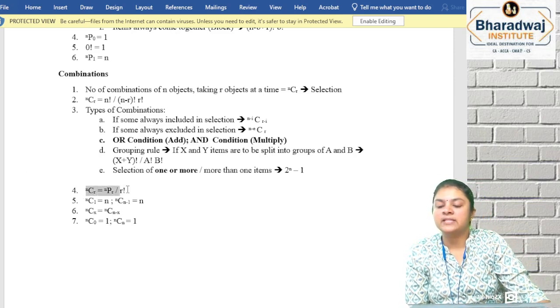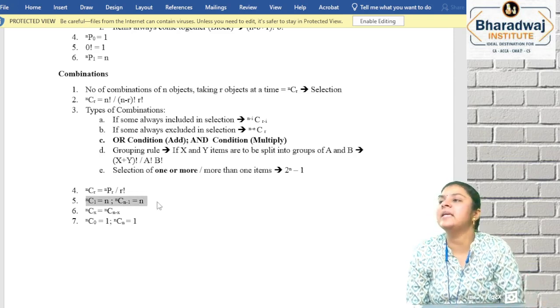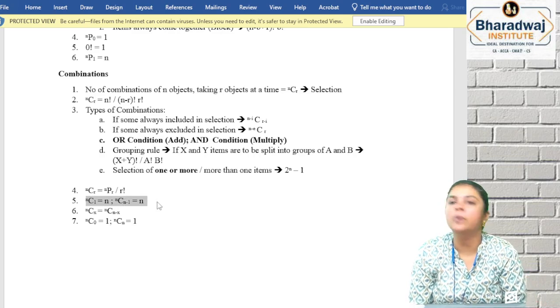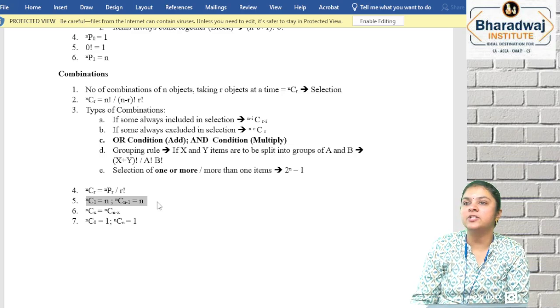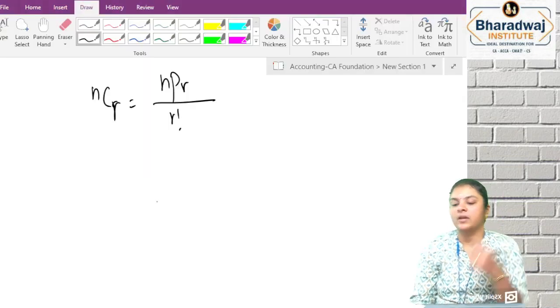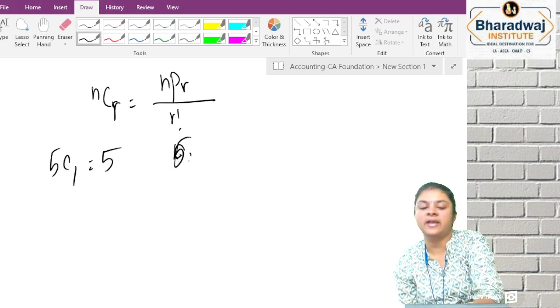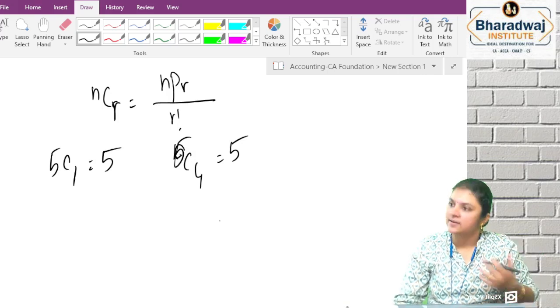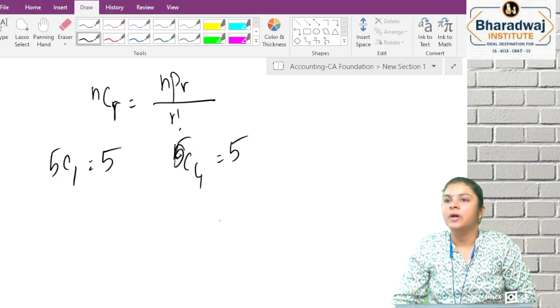So basic rules: nCr is equal to nPr by r factorial. nC1 is equal to n and nC(n-1) is also equal to n. So if I say 5C1, 5. 5C4, 5. 7C6, 7. So nC(n-1) and nC1 will always be equal to n.